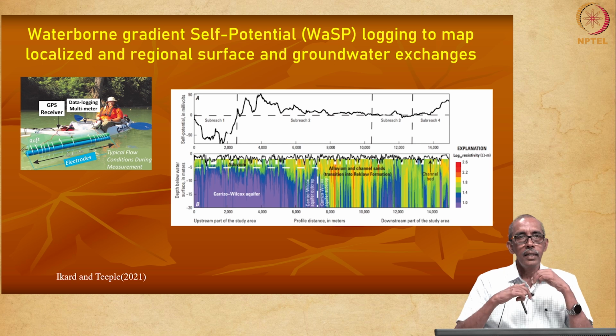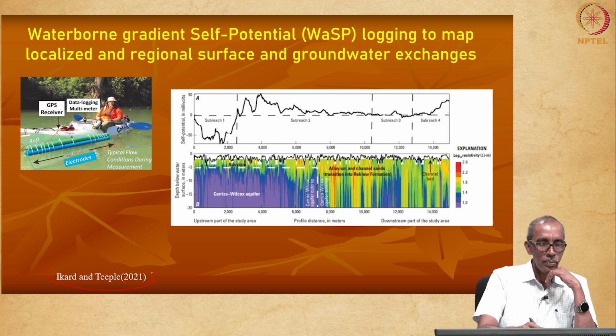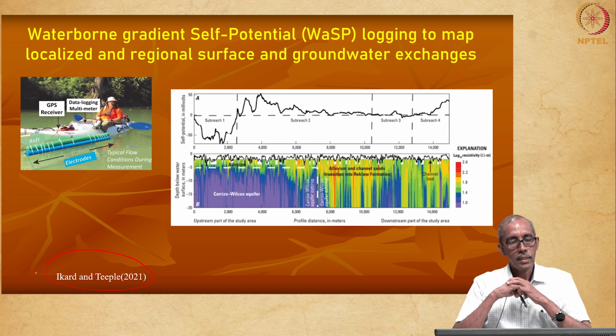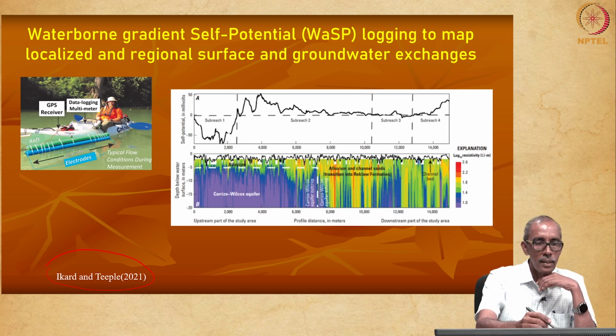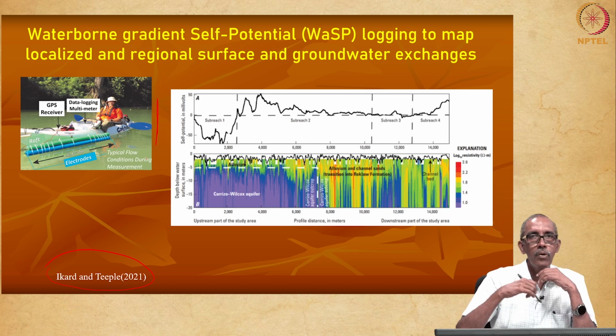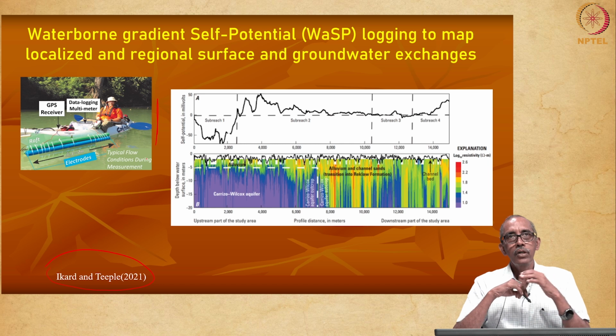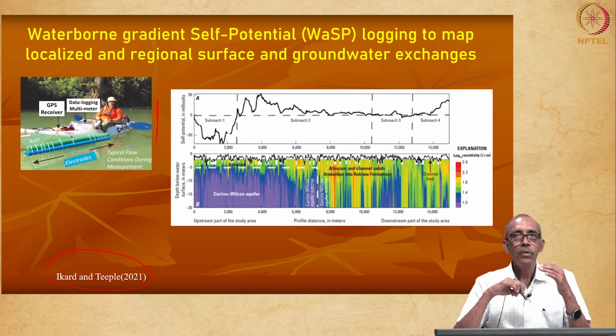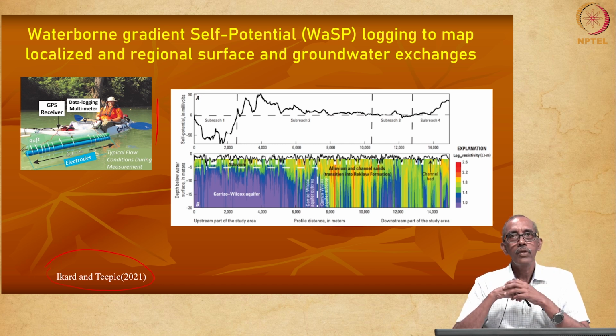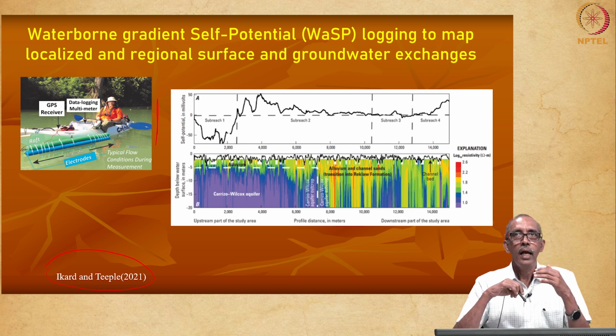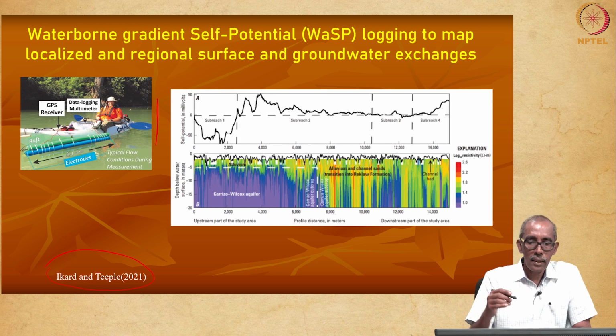Here is a very interesting study carried out by these people, where you can see the scientist sitting in a boat, trying to understand how the cell potential values measured at the bank of a river help to understand the interaction between the river and the adjacent groundwater.